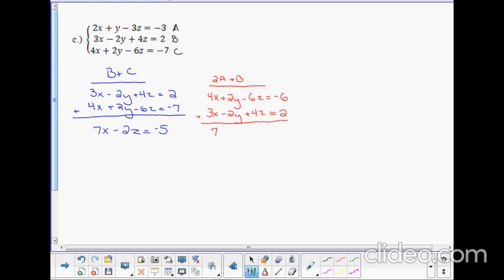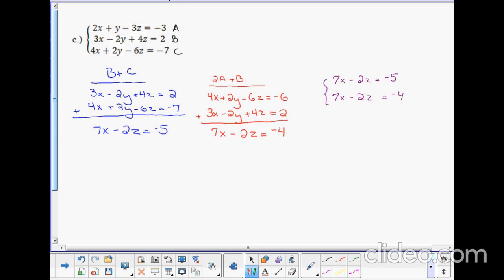That's going to leave me 7x minus 2z equal to negative 4. And so now I have a new system. I'm going to take those two equations and create the new system. So this is 7x minus 2z equal to negative 5 in combination with 7x minus 2z equal to negative 4.